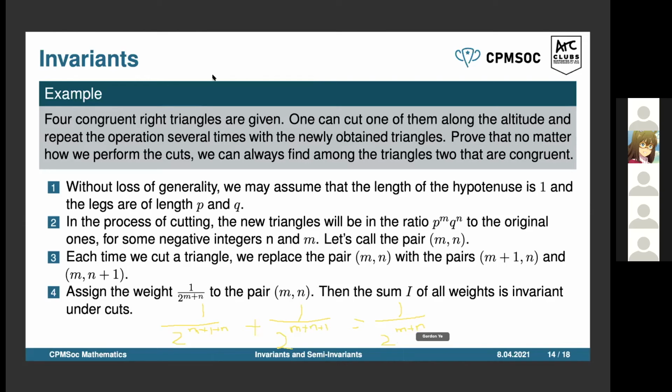The sum of all the weights will always be this number times 4, because originally there were 4 congruent right angle triangles.